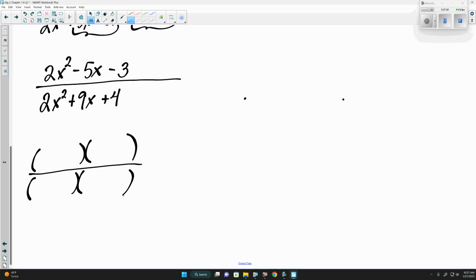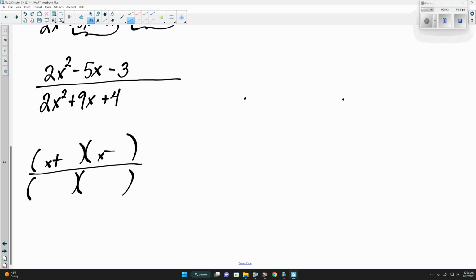So we can't cancel them out quite yet because we do need to factor. Now both of these will factor. So the first one, since the third term is negative, our signs are opposite. One's positive, one's negative. Factors of x squared are x and x. Then we'll have 2 and 1.